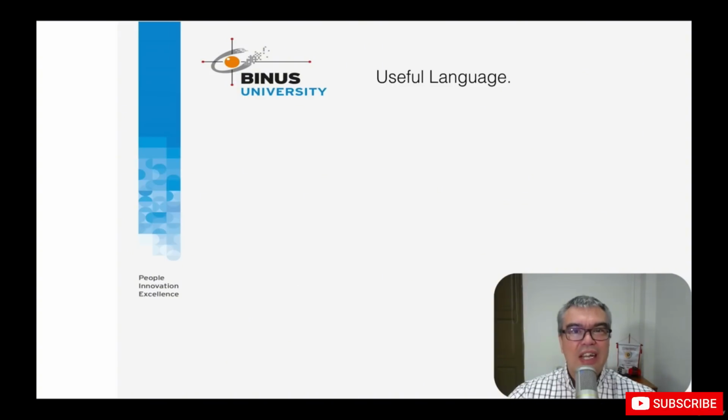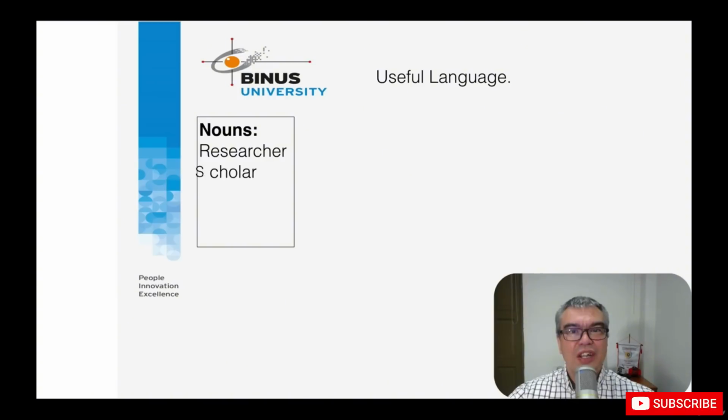Alright then, so let's look at some of the useful language you can use in order to give a citation. And I'm going to suggest 3 different areas of useful language here. We begin with nouns. Nouns such as researcher and scholar, writer and author.